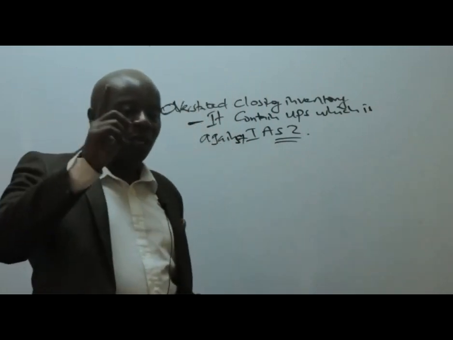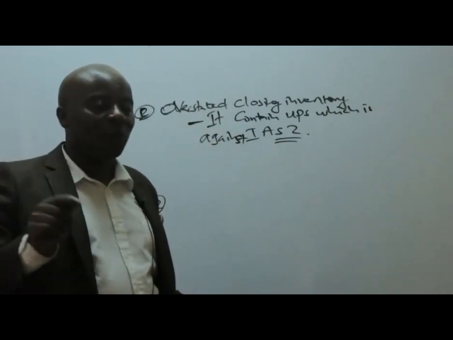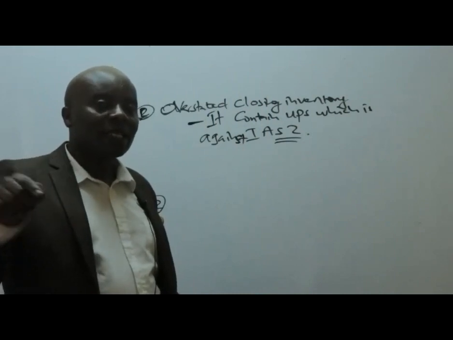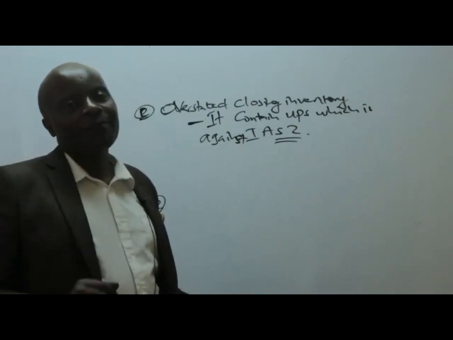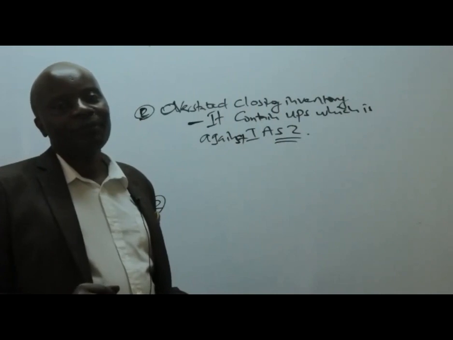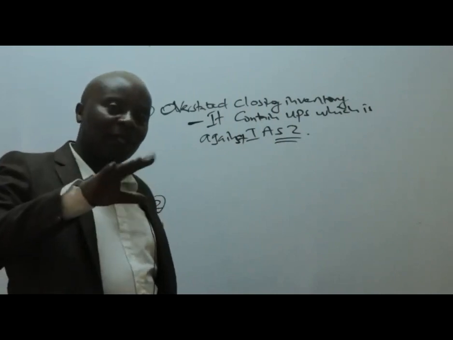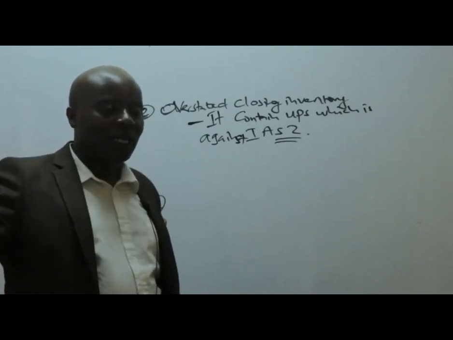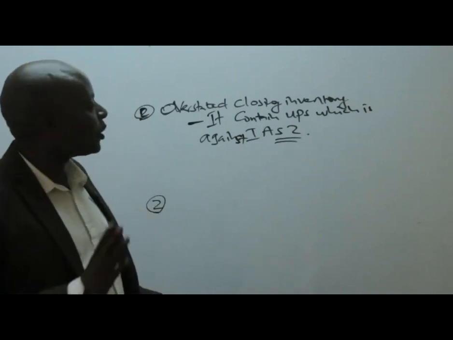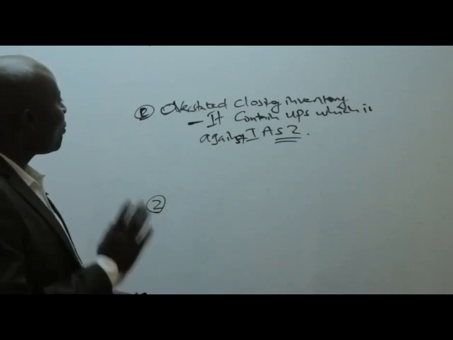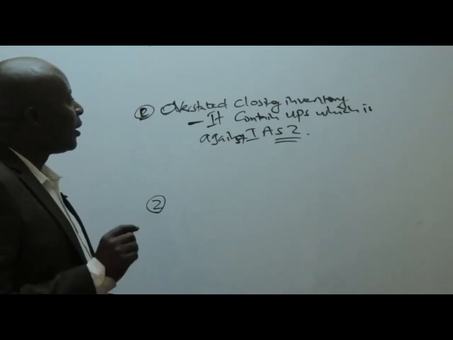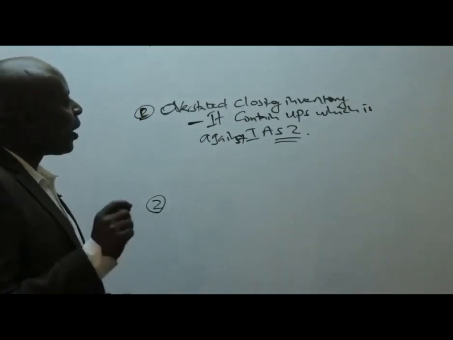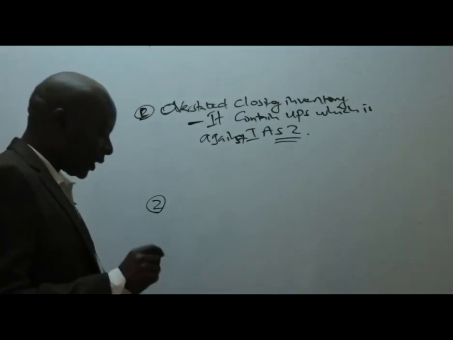Never ever should our inventory be maintained at sales value. It's either the lower of cost or net realizable value, but cost is the most important thing. So here we have a situation where our closing inventory is overstated.